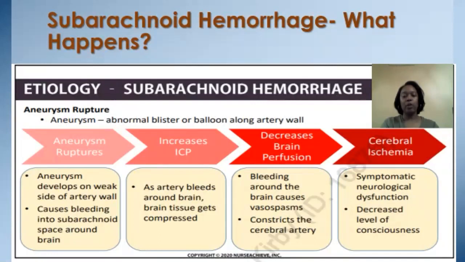This decreased perfusion to the brain tissue causes the cerebral artery to constrict and causes spasms and results in cerebral ischemia, or a lack of blood flow to the brain, causing neurological dysfunction and a decreased level of consciousness.